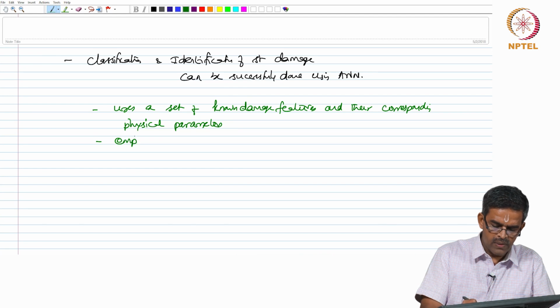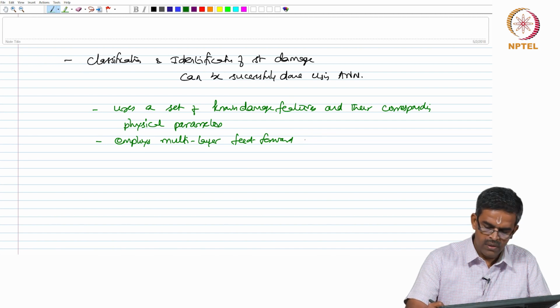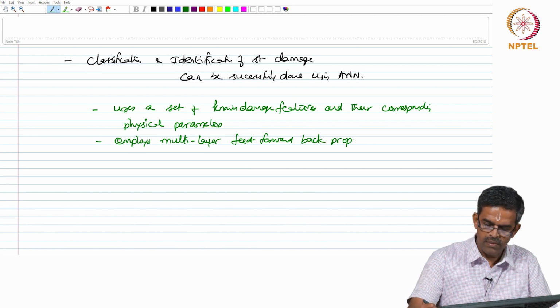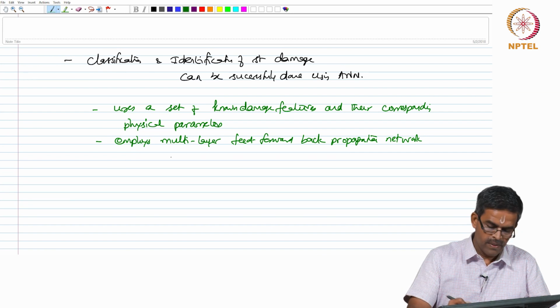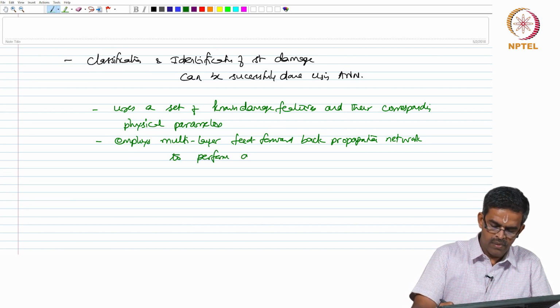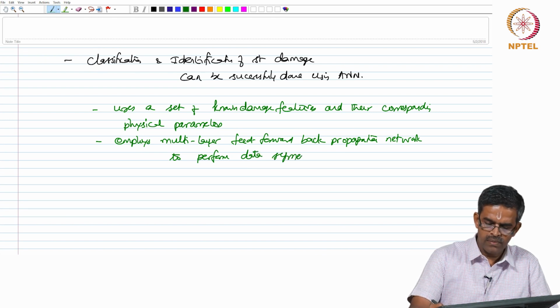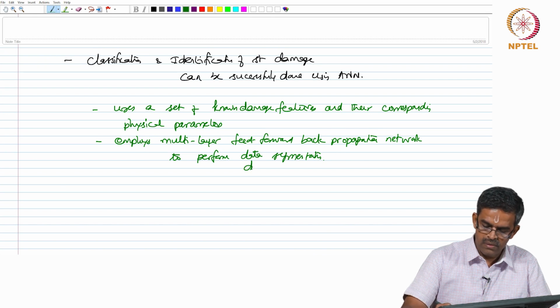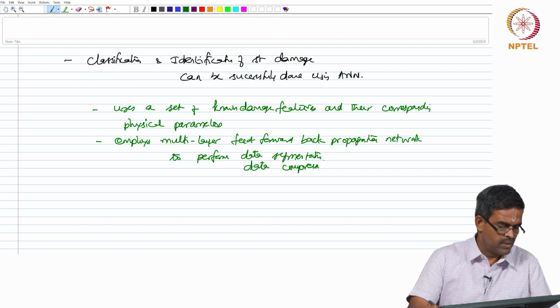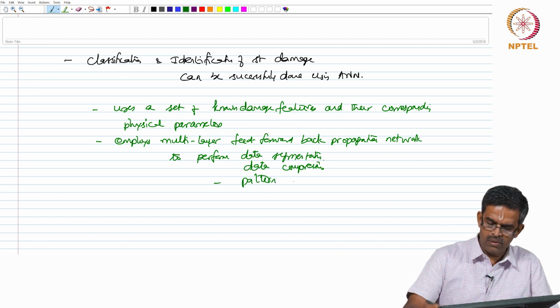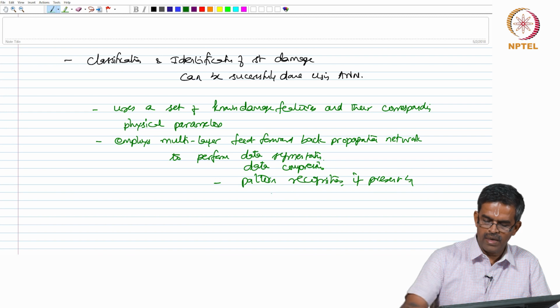It also employs a multi-layer feed forward back propagation network to perform data segmentation, data compression, and above all, most importantly, pattern recognition if present, by identifying the repetition of data.